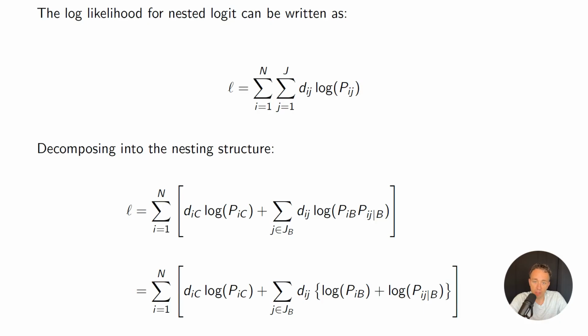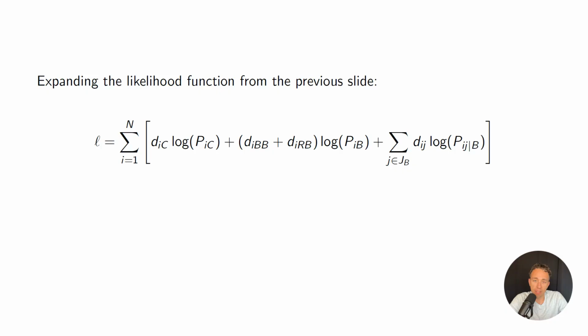We can further expand the equation from the previous slide by noting that whichever bus you choose, you're going to get the same log of P of bus in this middle component. And so then we have just this summation over the individual bus alternatives in the last component.